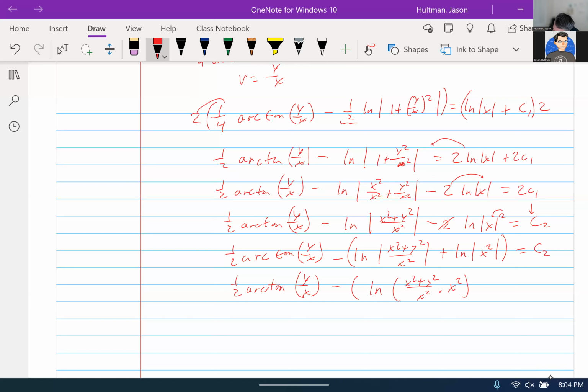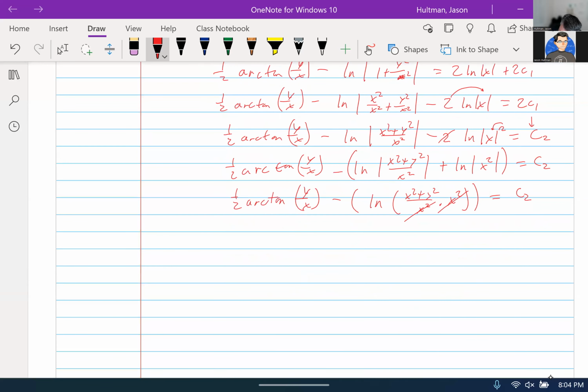And lo and behold, those x squareds cancel out. That's why I did this whole thing. So we're left with 1/2 arctan y over x minus the natural log of x squared plus y squared equals C2, or we'll just call that C. And that's about as far as I want to go with that.